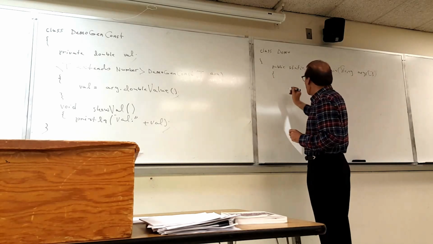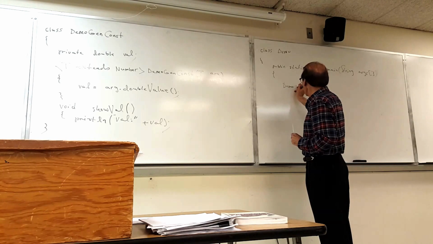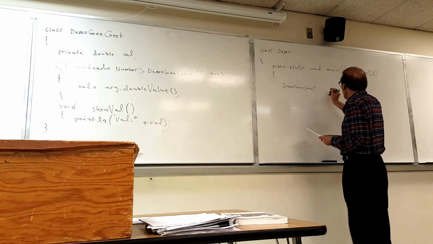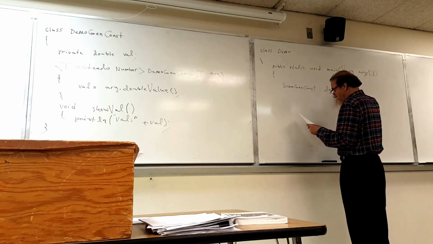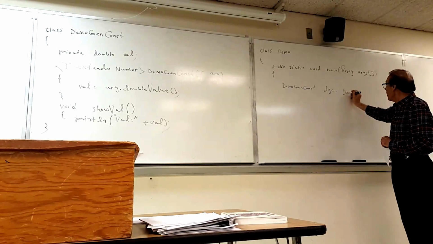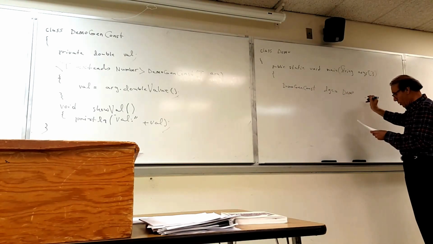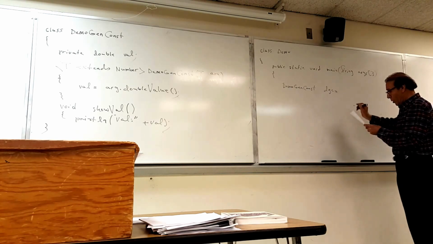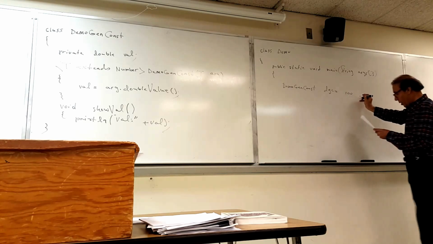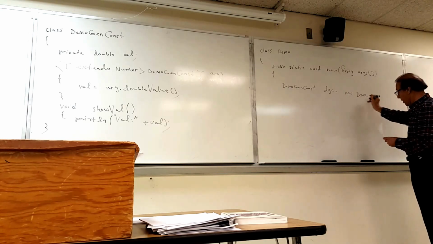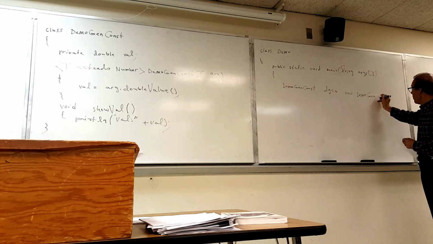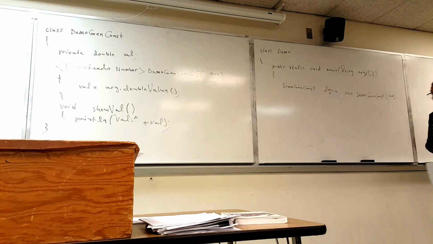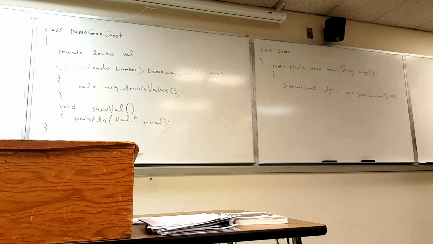Okay. DemoGenConstructor DGC equals new DemoGenConstructor of... Is it okay or not?